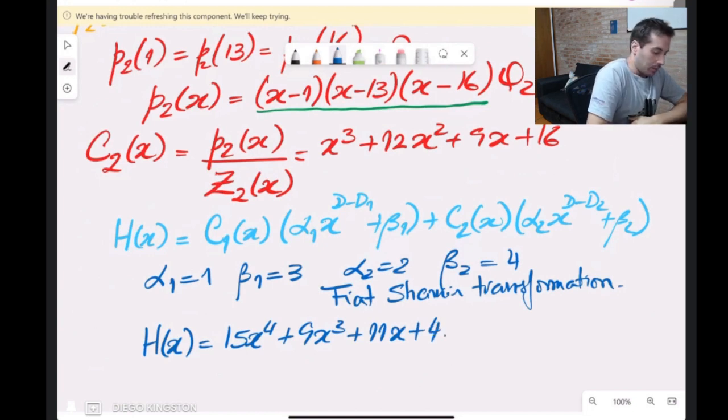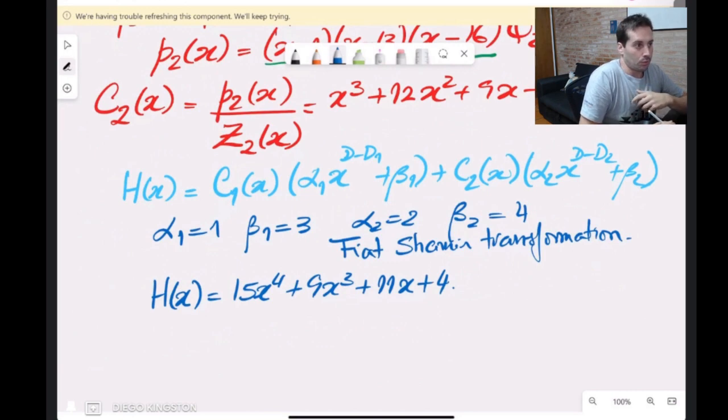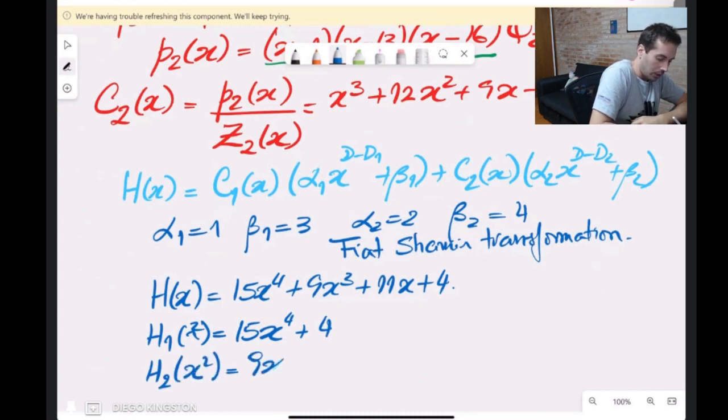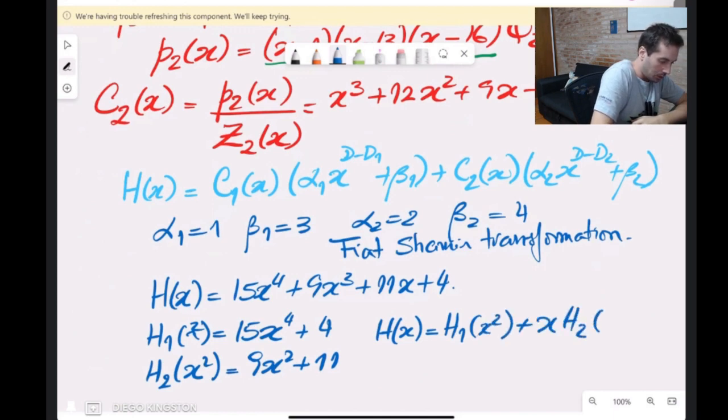We can split this polynomial into odd powers and even powers. So we can say that this is h1 of x squared, which is simply 15x to the 4 plus 4, and h2 of x squared, which is 9x squared plus 11, so that h of x is simply h1 of x squared plus x times h2 of x squared.